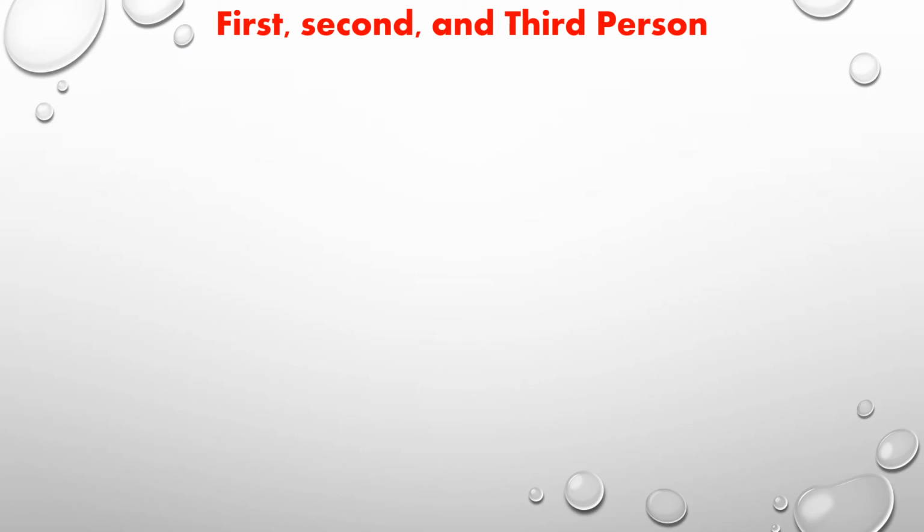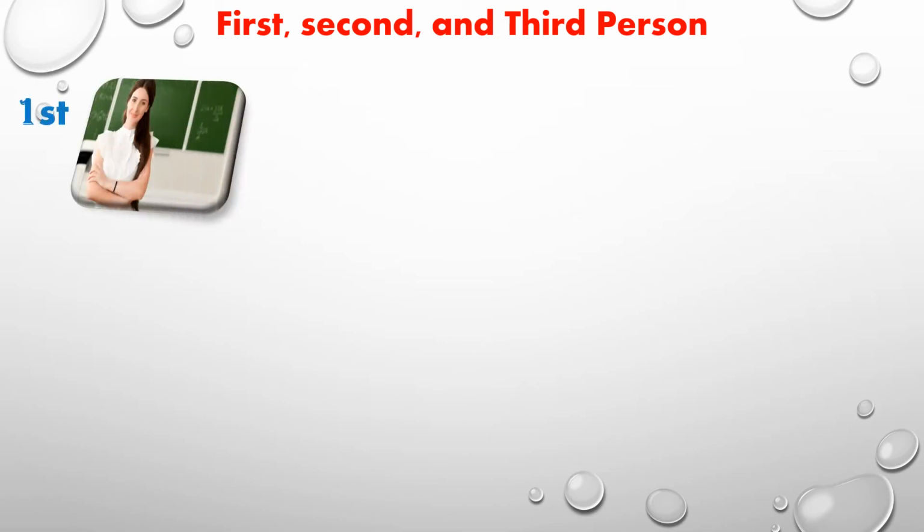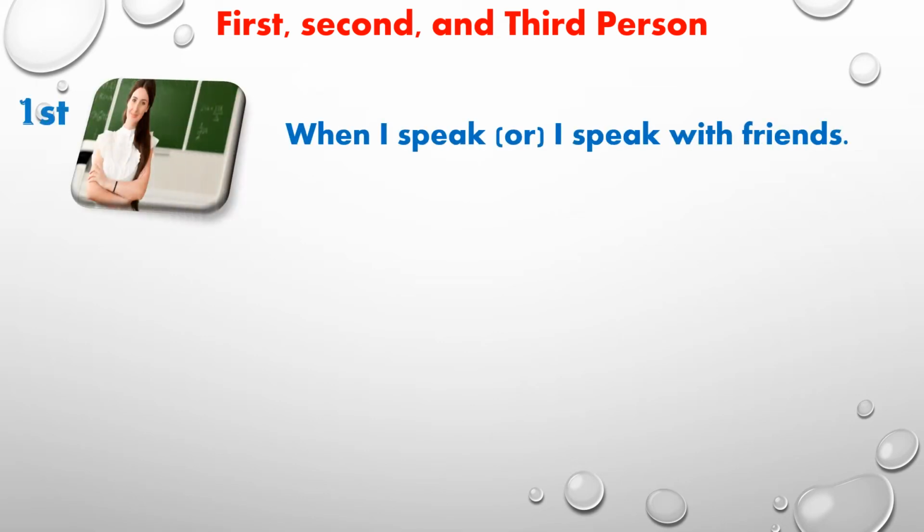First, second and third person are ways of describing points of view. First person, when I speak or I speak with friends, it's called first person. I, first person singular, we, first person plural.